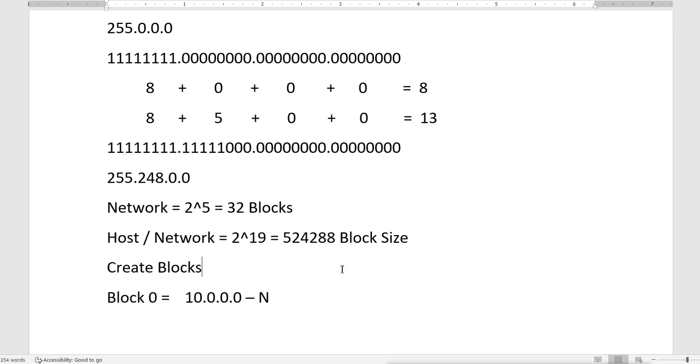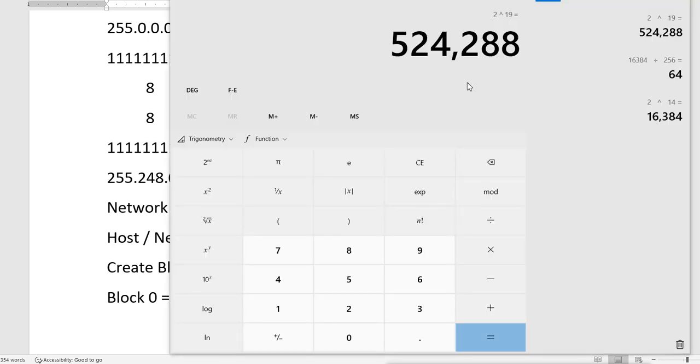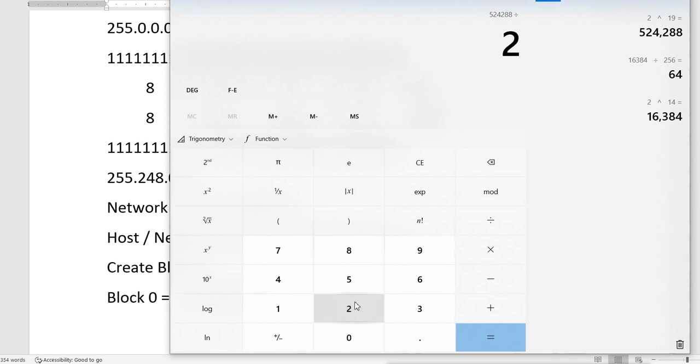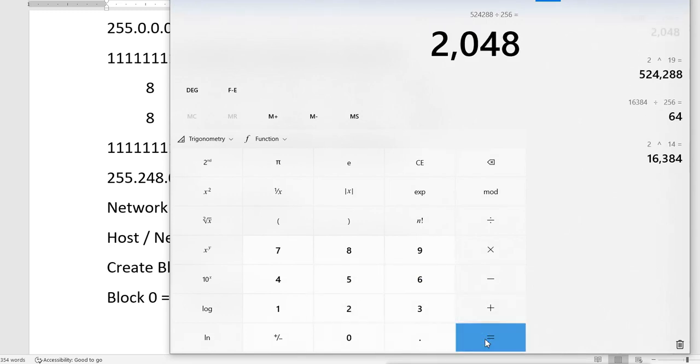Let's try the calculator. This is the total number, and I want to see how many 256 blocks I get in it. So I will divide, and it says 2048 blocks.